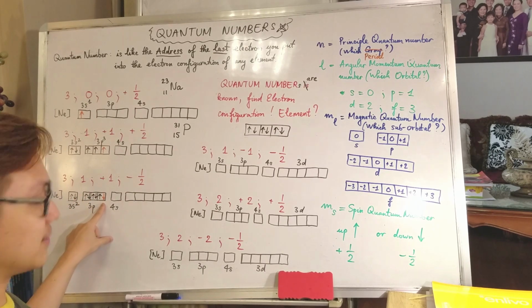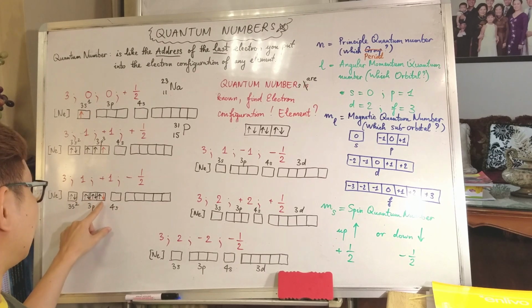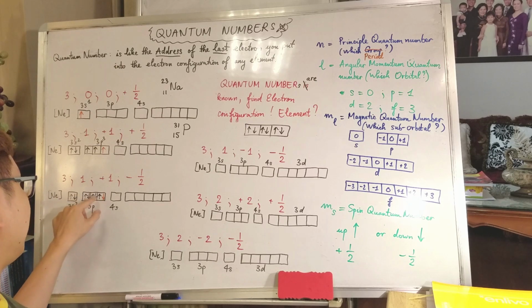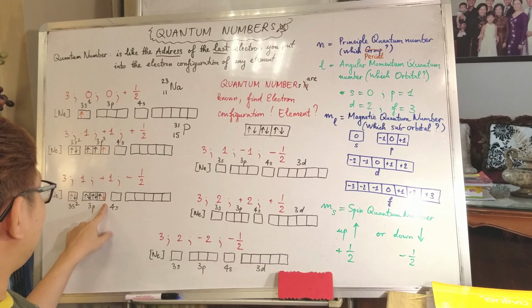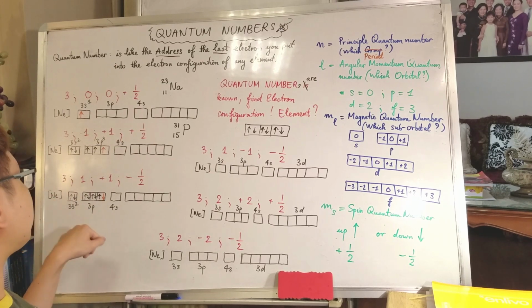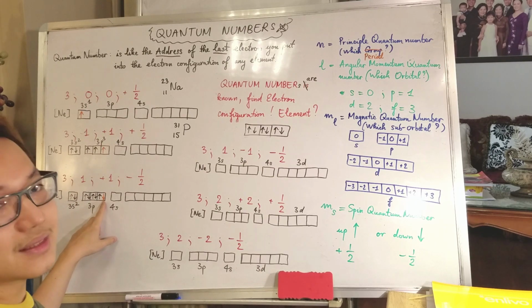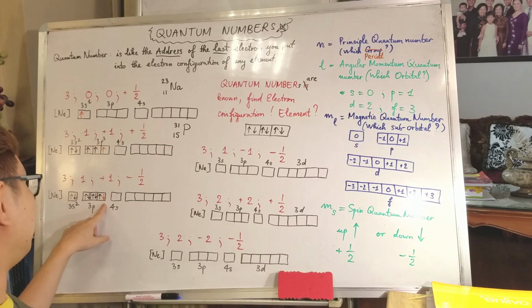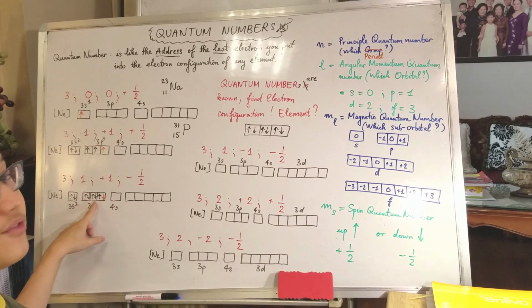According to Hund's rule, you have to half fill the orbital first. So you have to have up and up already. And then, because this electron is going down at the last square, it means the other squares have to already have been filled as well.